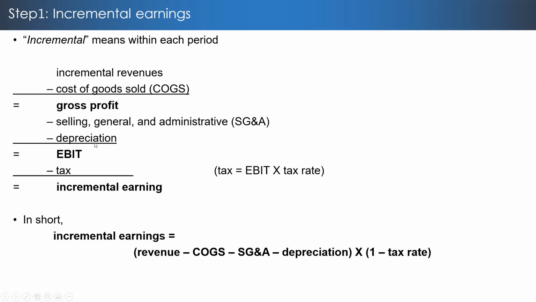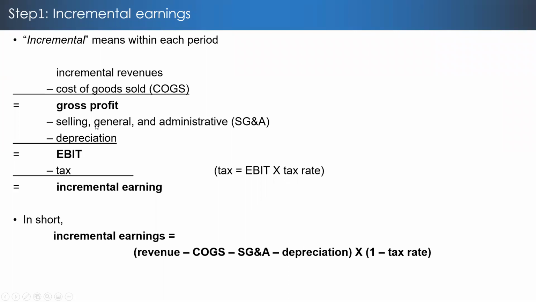And then we deduct depreciation, which basically means the amount of value that's lost during the usage or during the time period for our equipment and for our other types of assets.